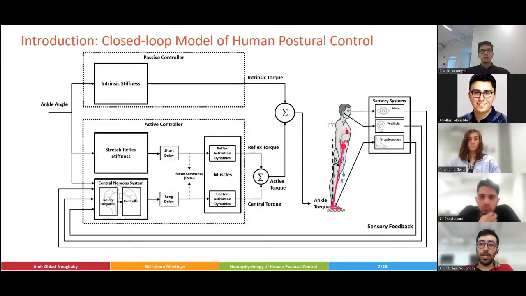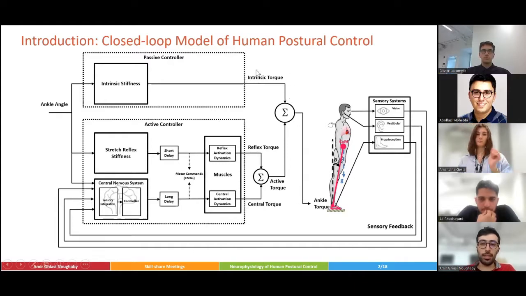And to counteract these destabilizing factors, we need a corrective ankle torque applied to the ankle joint. Actually, this ankle torque has two sources: the intrinsic source of the torque and the active part of the torque.